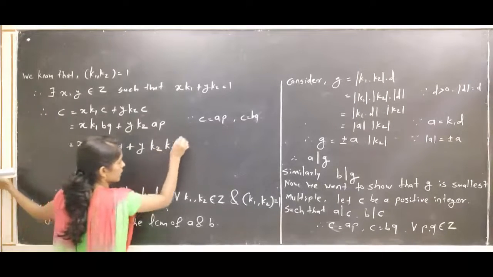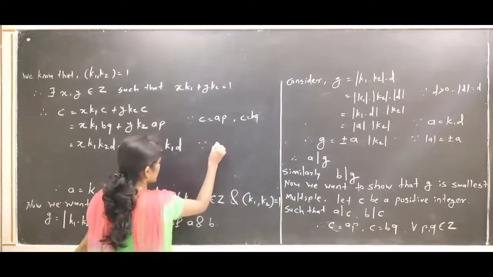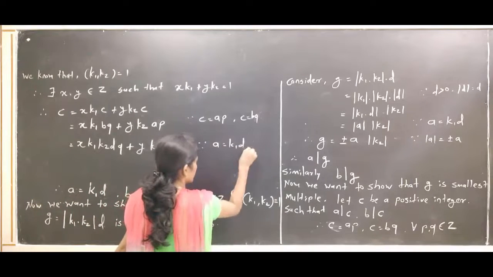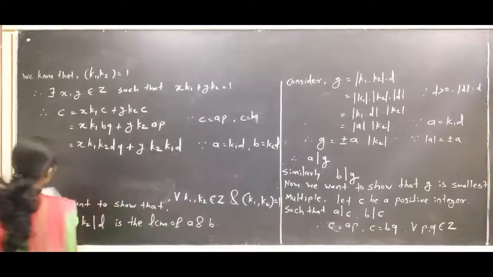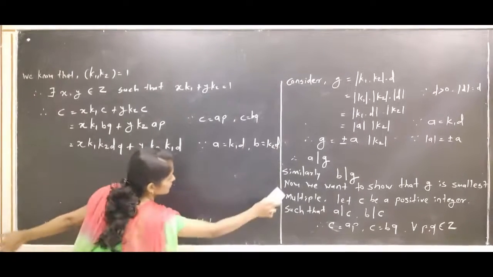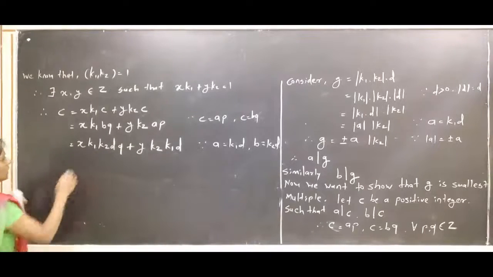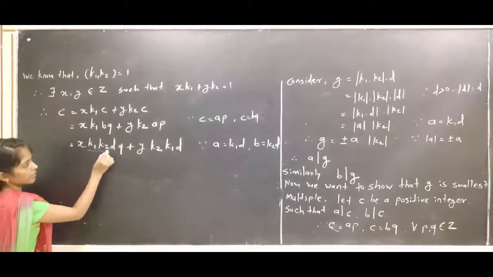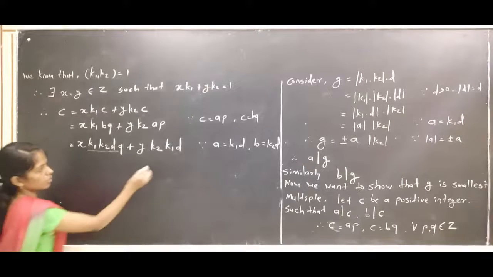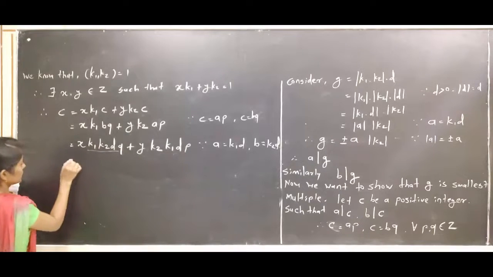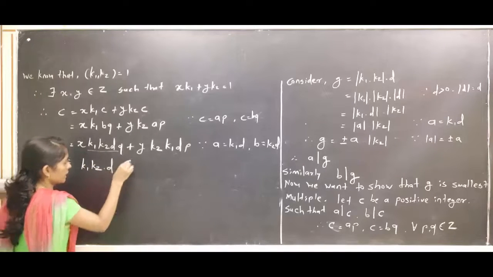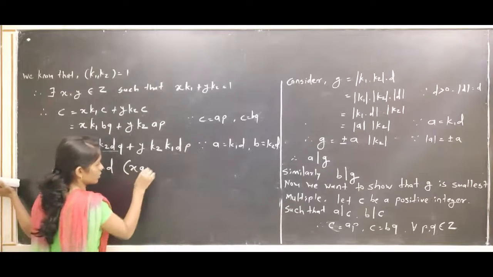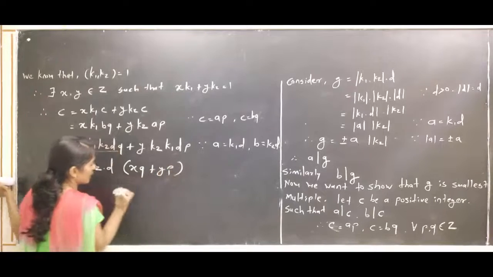So substitute k1d, since a is equal to k1d and b is equal to k2d. Now take out k1, k2, d common. So here we get k1 into k2 into d into xq plus yp.